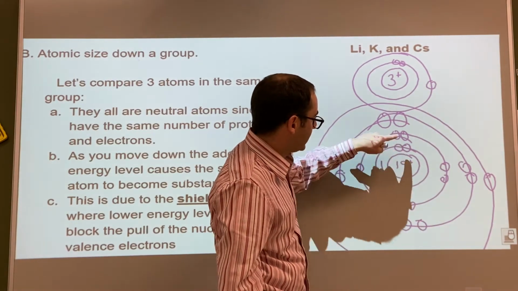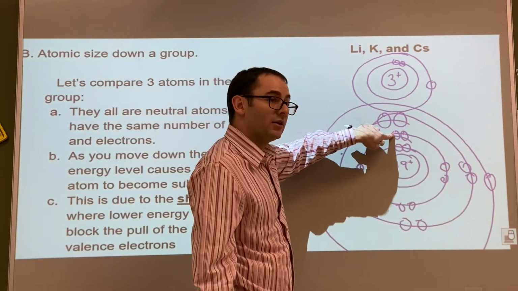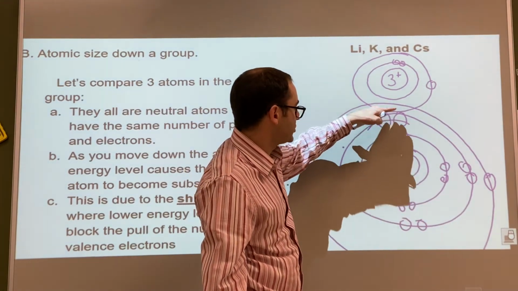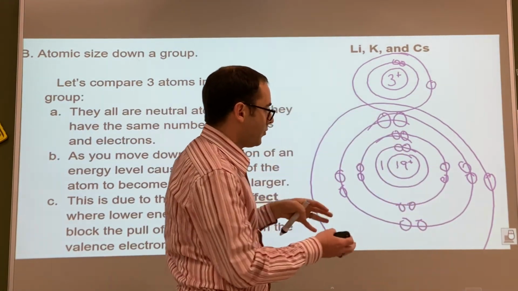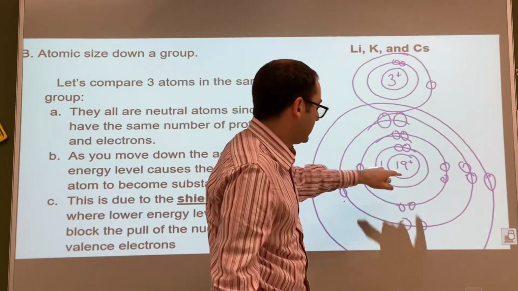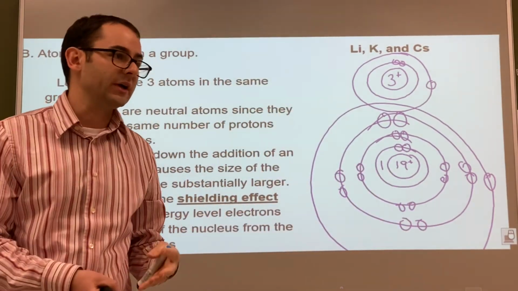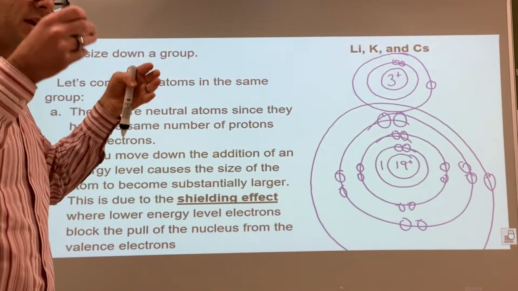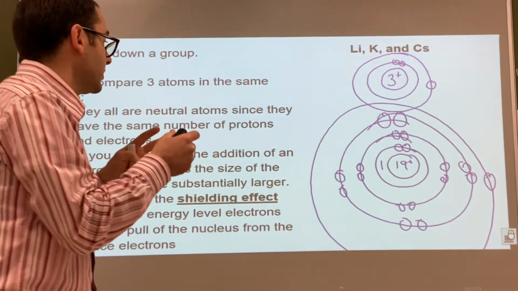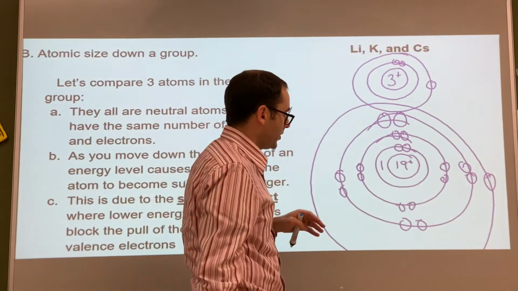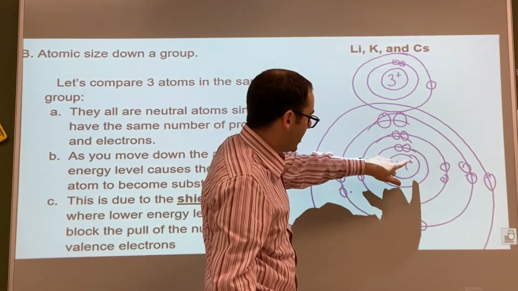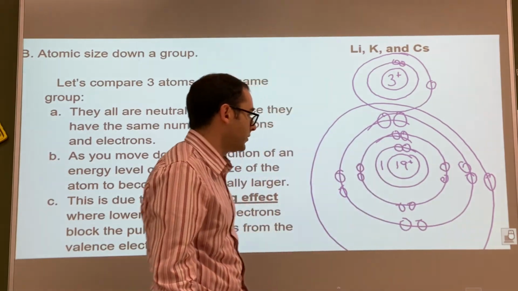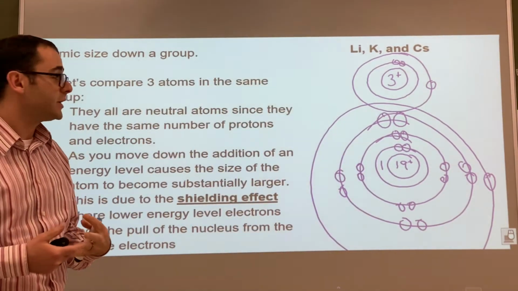They're blocking these electrons from feeling the nucleus as much. So each time you have another energy level, the one that came before it is kind of blocking the pull of the nucleus, all right? So if it's blocking it or shielding it, it's not going to be as tightly bound to it. It's going to spread out a little bit more, all right? Because again, it's all about the negative electrons feeling the pull of the positive nucleus, all right?